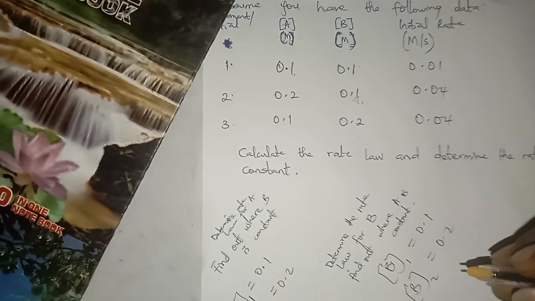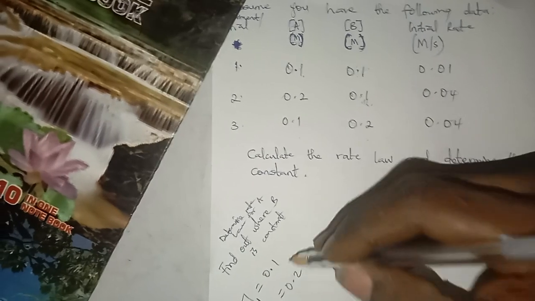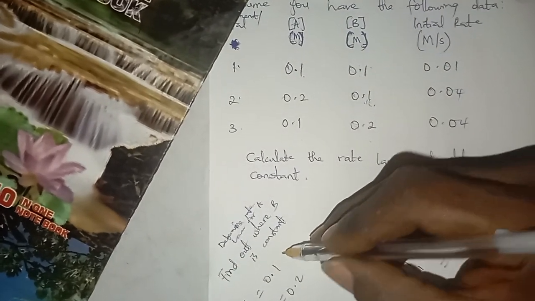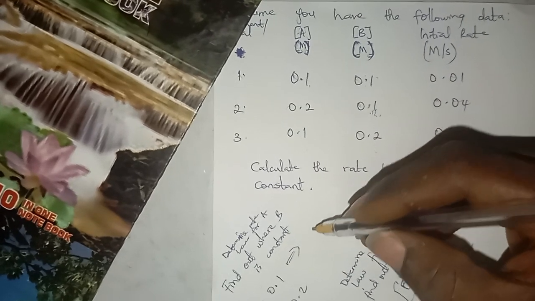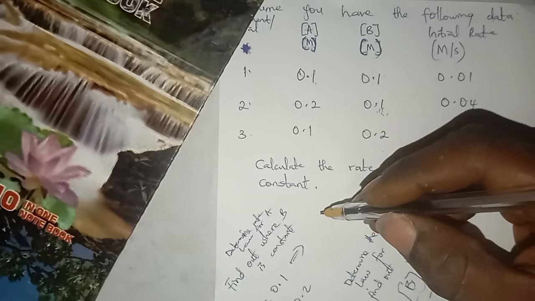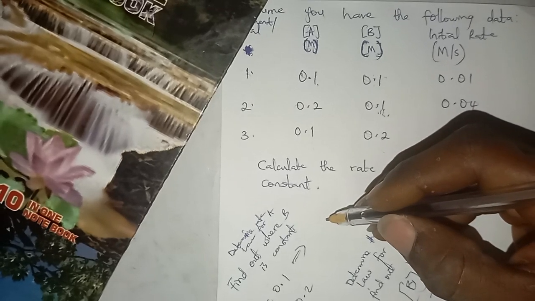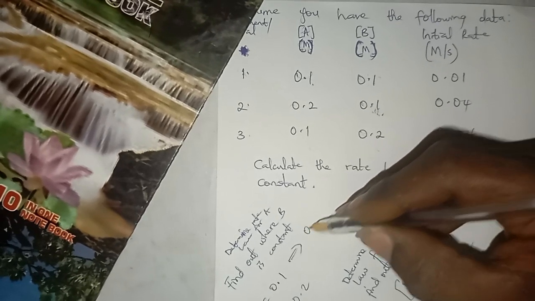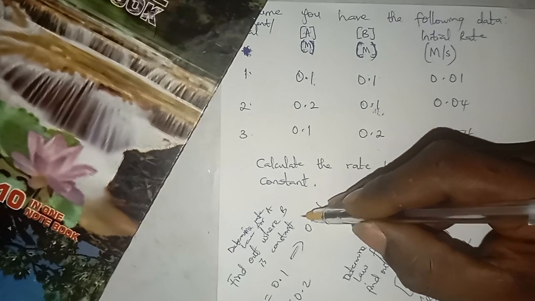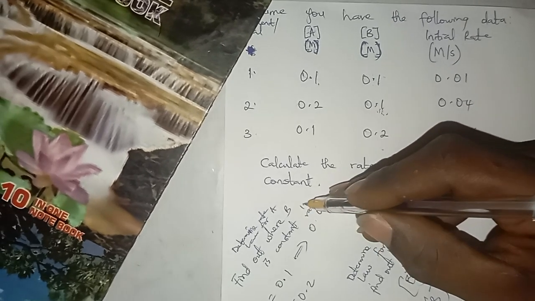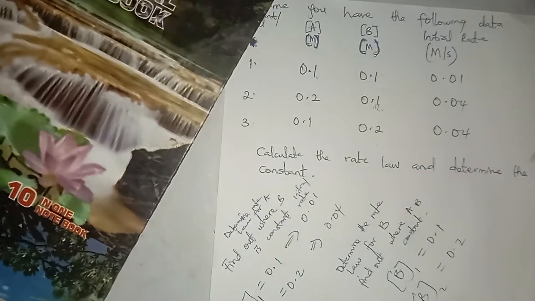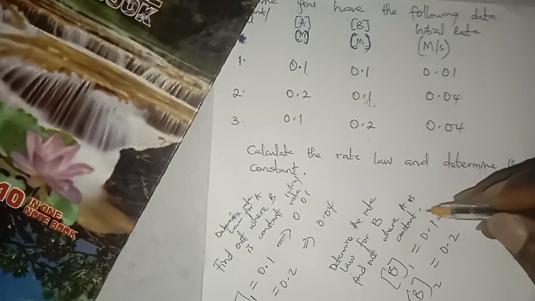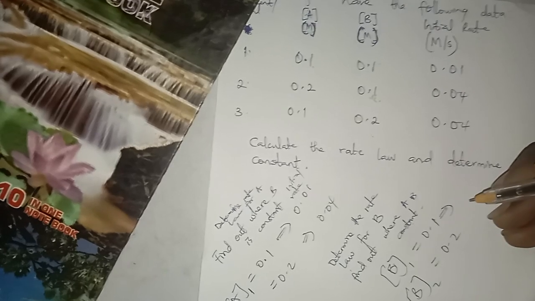Then in the second place where A is constant, the second concentration of B is 0.2. So let's find out at those points where B was constant, in the first two experiments. The first rate is 0.01, the initial rate, and in the second part, it is 0.04. Now, the point where A is constant is in the first experiment and the third experiment.